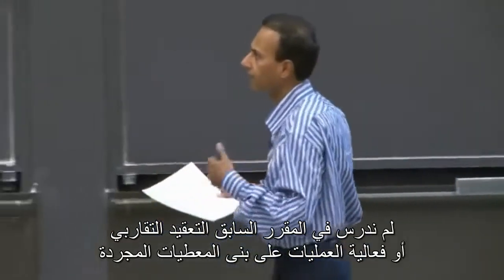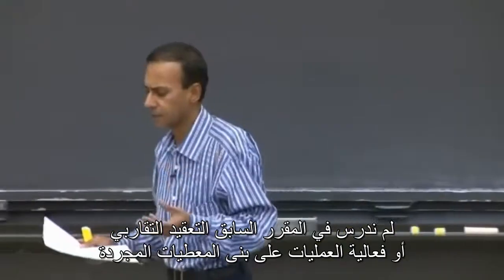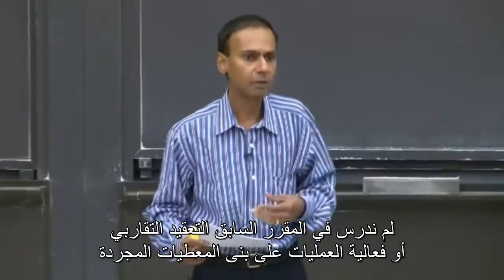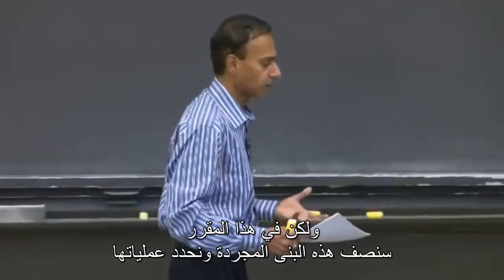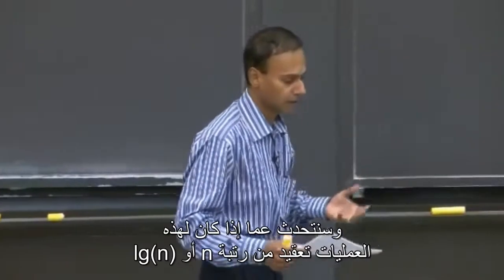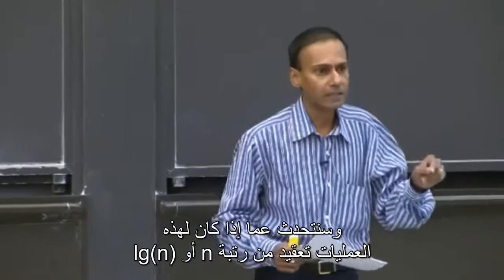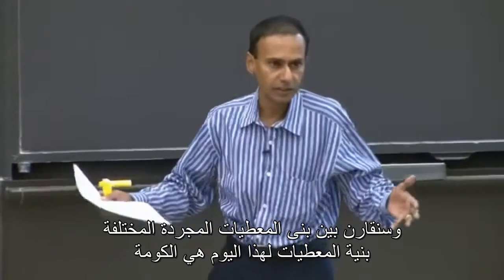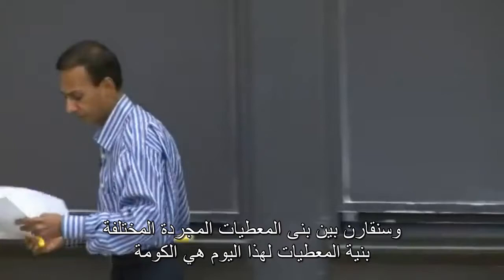In 6.005, you didn't really spend a lot of time on asymptotic complexity or the efficiency of operations on the abstract data type. Here in 6.006, we'll specify this ADT and specify the set of operations or methods in the ADT, and we'll talk about whether these are order n complexity or order n log n complexity, and compare and contrast different ADTs. So today's ADT is a heap.